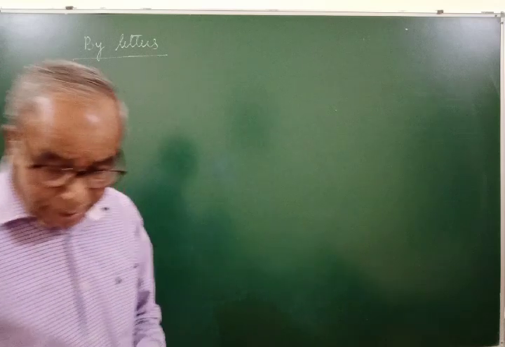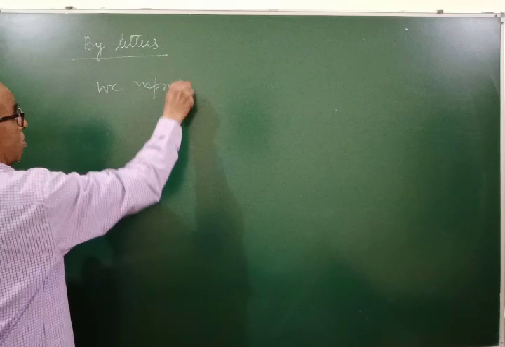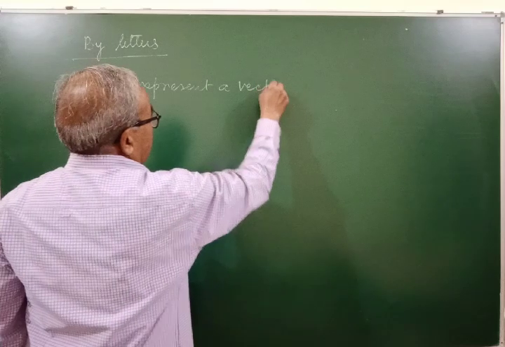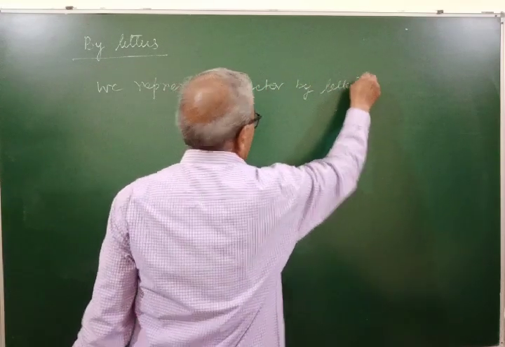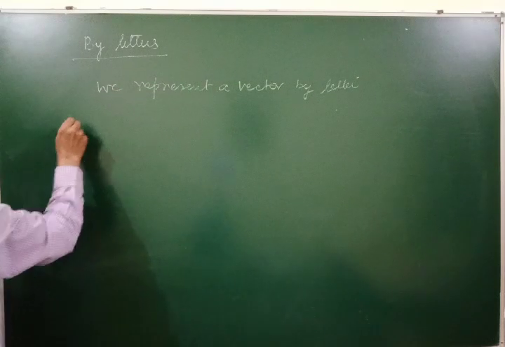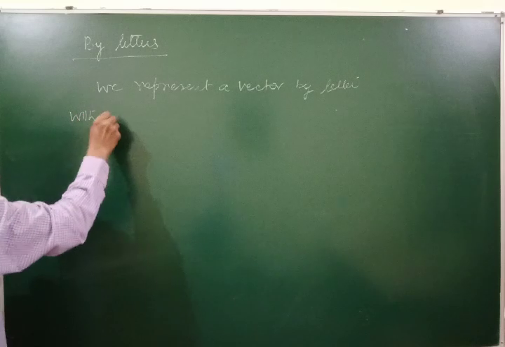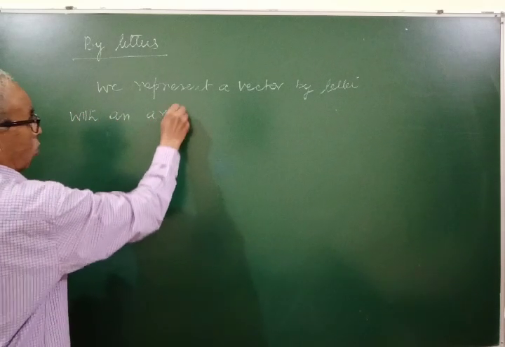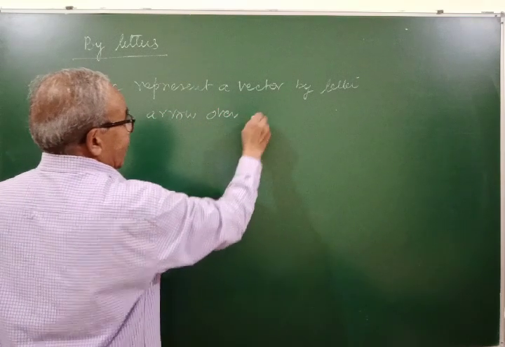In our own writing, we represent a vector by a letter with an arrow over its head.